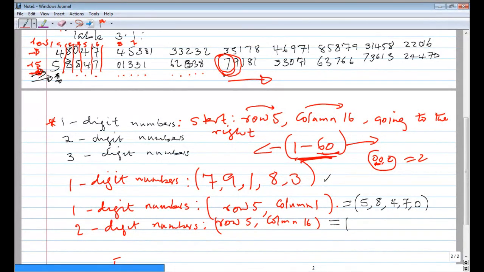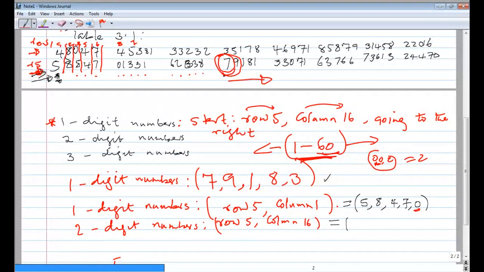Actually, even that one, I think we made a mistake here. We were not supposed to include 0 there because it's not between 1 and 60. We are including all the values between 1 and 60. All the values that are less than 1 and all the values that are greater than 60 are not supposed to be included.